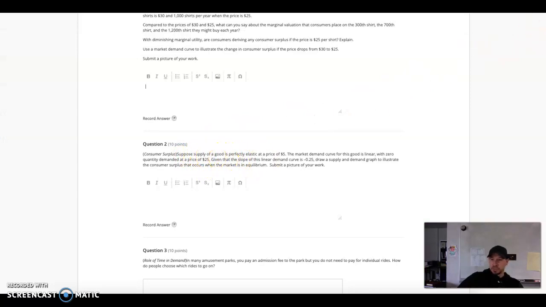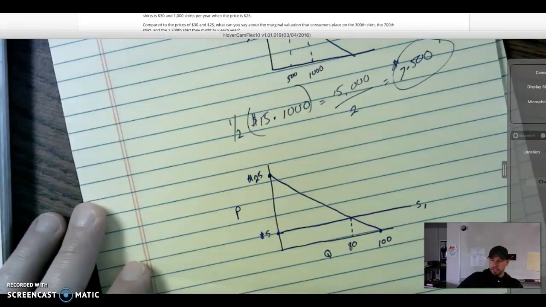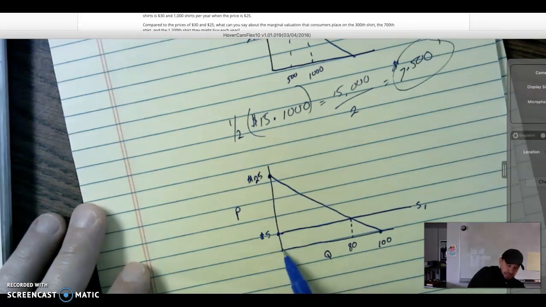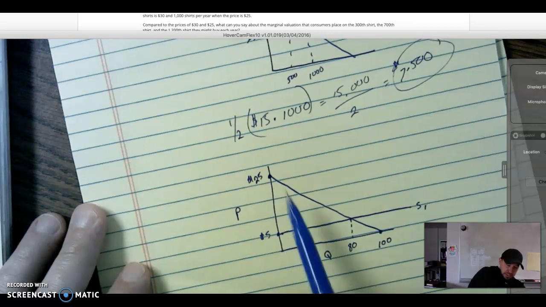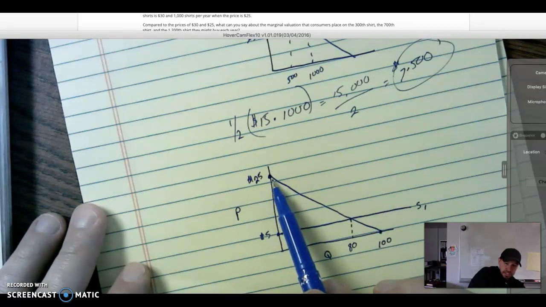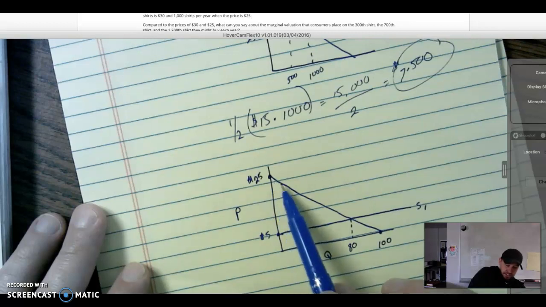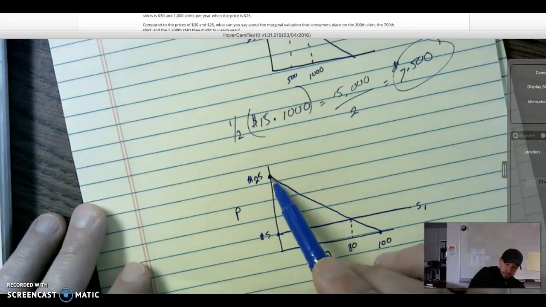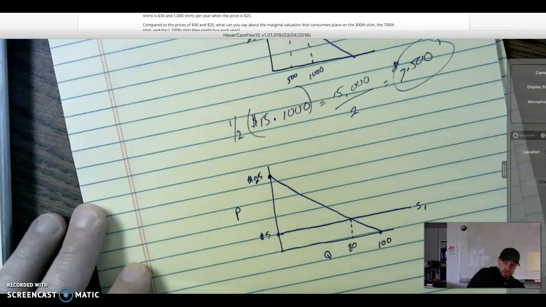It just says a good. So whatever this good is, it doesn't matter. We paid $5 for every unit. The first individual was willing to pay just under $25. The second had a little bit less in value, only had to pay 5 and would have been willing to pay just about 25. So got just about $20 there of consumer surplus.